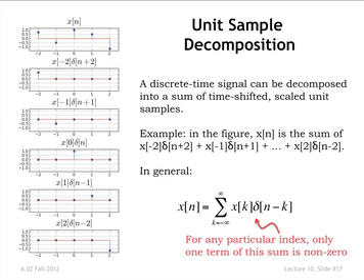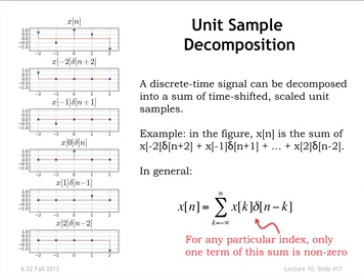And I want to think of it as made up of a bunch of unit sample functions. So what are the unit sample functions? Well, here's one that's centered at -2, but scaled by the value that the input signal has at time -2. Here's another one centered at -1, but scaled by the value that the input signal has at time -1, and so on.